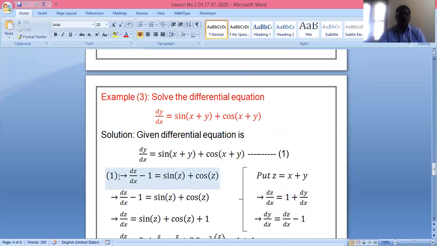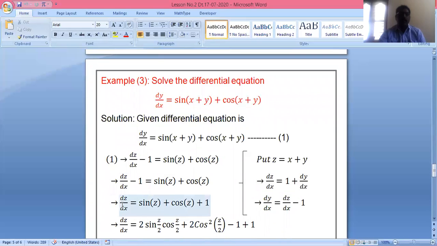Now equation 1 becomes dz/dx − 1 = sin z + cos z. That implies dz/dx = sin z + cos z + 1.